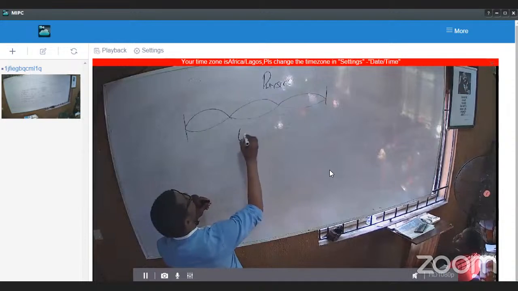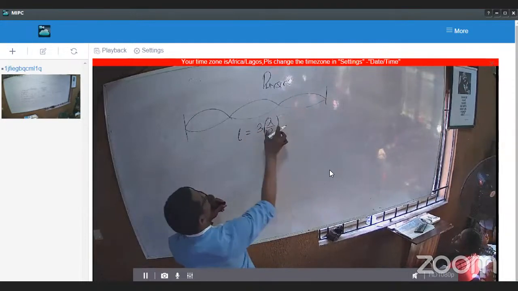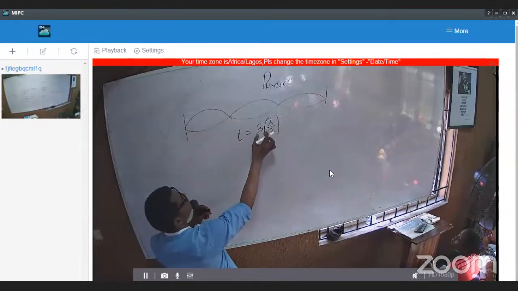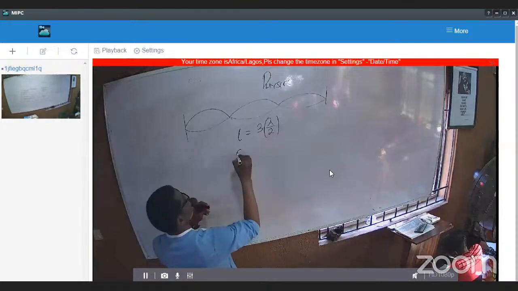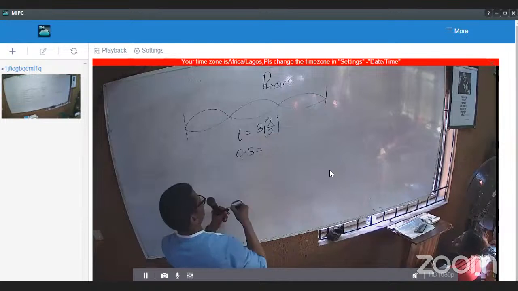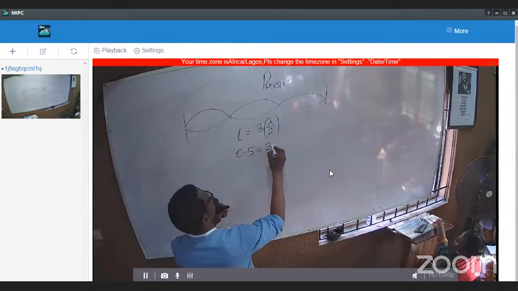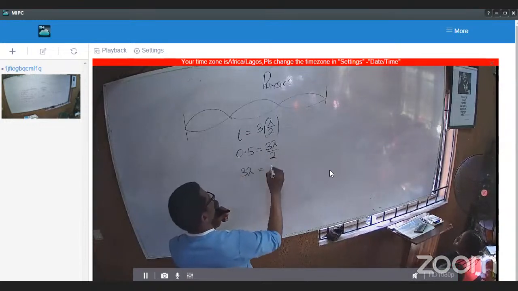So our L is 3 lambda over 2. This lambda over 2 is for node to node, and there are 3 of them. What's the length they gave you? 0.5. So you have 3 lambda over 2. 3 lambda equals 0.5 times 2, which is 1.